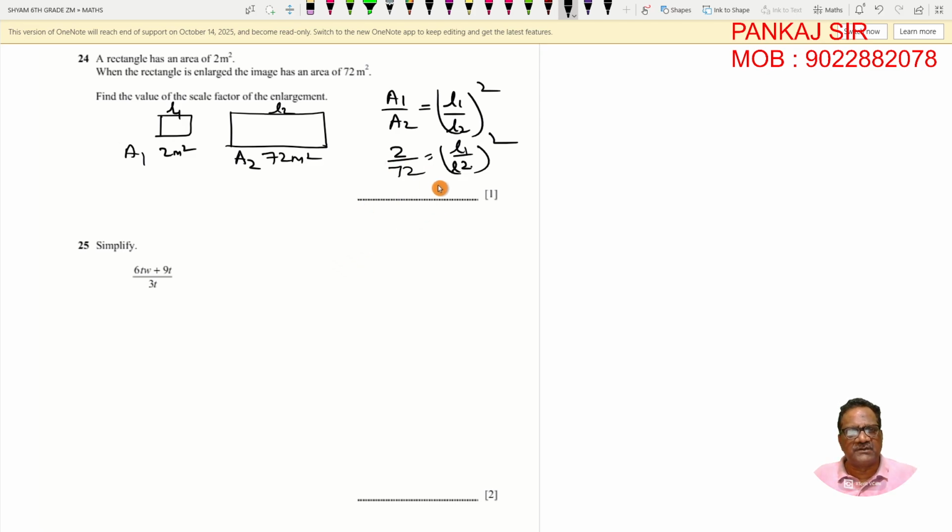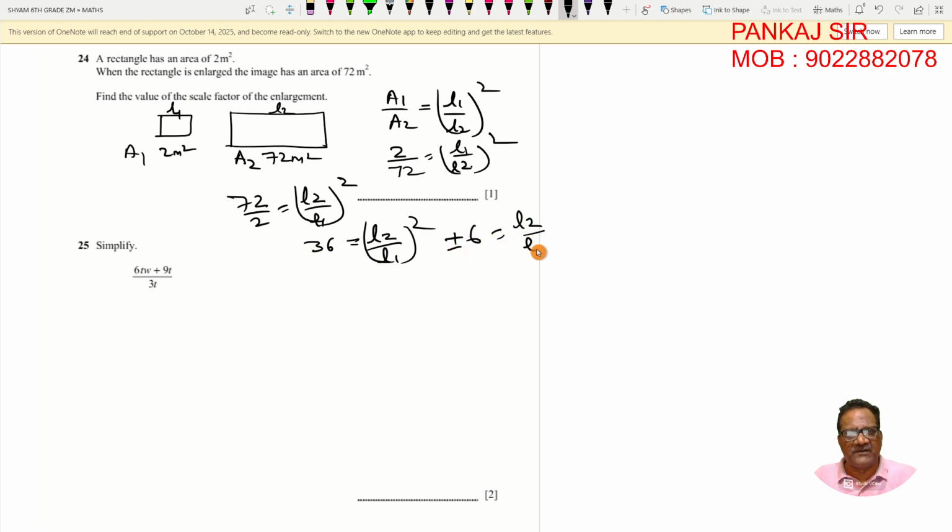Now if I do the invertendo, 72 upon 2 will be equal to L2 upon L1 the whole square, right? So this happens to be 36. 36 will be equal to L2 upon L1 the square. Okay. So if I take the square root on both the sides, on the left hand side I'll get plus 6 or minus 6, and here I'll get L2 upon L1.